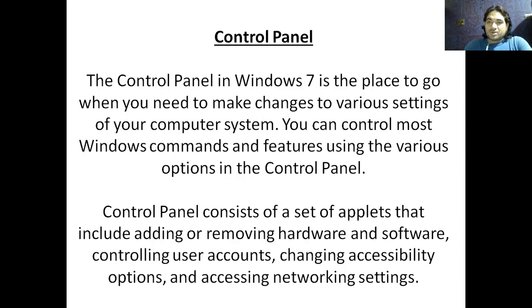At the same time, if you want to make changes in the settings of keyboard, mouse, speaker, CPU, or any extra special feature you want to give, you can use the control panel. So many features are there in the control panel. Without the control panel you can't make changes in the hardware and software of any computer.